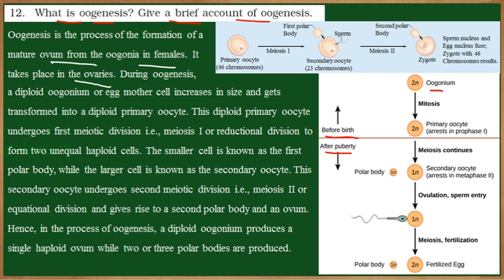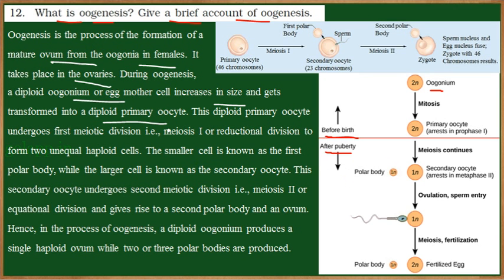Now during oogenesis, the diploid oogonium or egg mother cell increases in size and gets transformed into a diploid primary oocyte. This entire process we can divide into three phases: multiplication phase, growth phase, and maturation phase.